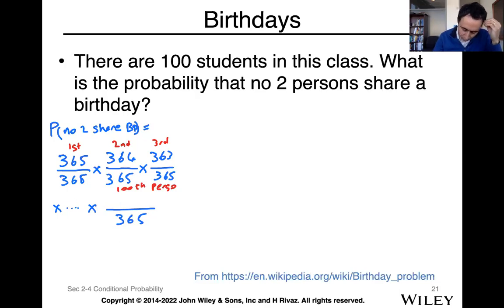So for the 100th person, 99 days were already used, right? 99 people have already been assigned to 99 days. So here I have to write 365 minus 99, right? Which is 266, right? So that's the answer. You know, it's basically multiplication of 100 numbers, and the first number is 1, right?